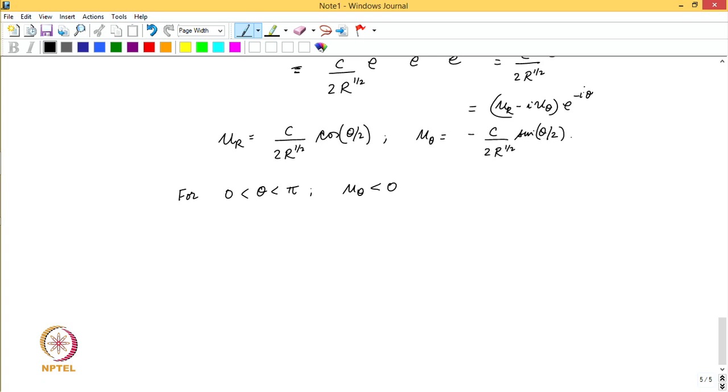So, u theta will always be negative. Similarly, u r would also be positive, because cosine of theta by 2, where theta by 2 goes from 0 to pi by 2, is always positive. So, in this zone between 0 and pi, right, the flow will be going radially outwards, but more importantly in the clockwise direction.